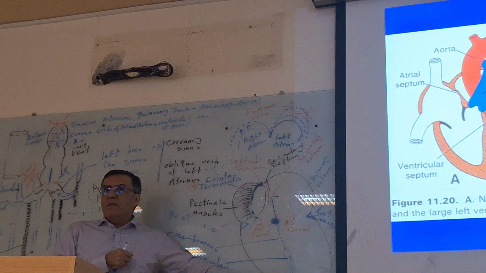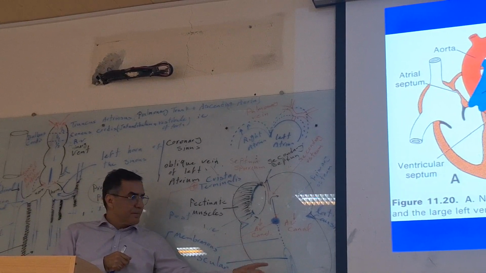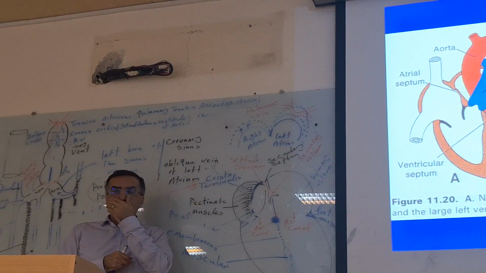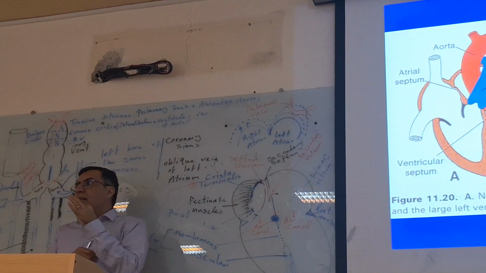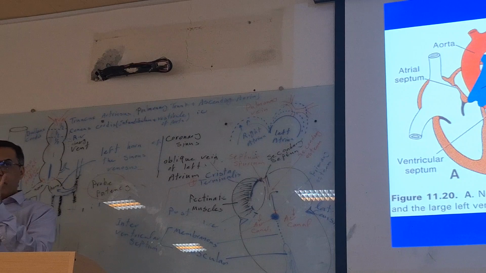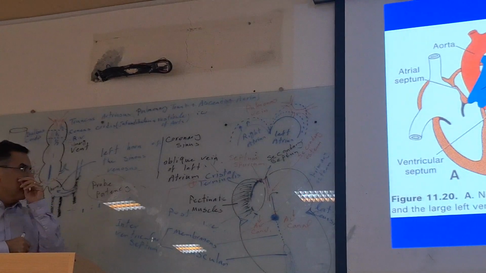It is made by proliferation, like cushions. But the membranous part is a complicated structure. It is made by three cells. This is important for the final exam, it is made by three cells. Okay?